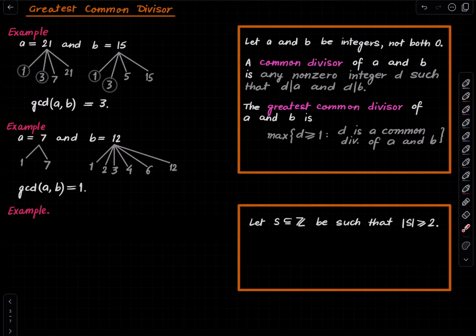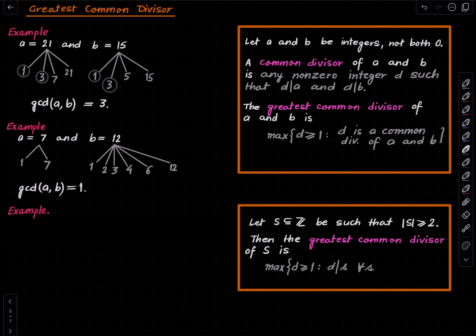And we can extend the definition of GCD to not necessarily 2 integers. We can take any subset of integers where the subset has at least size 2, and we define the GCD of S. The greatest common divisor of S is the max of all the positive integers which divide each element of S. It's a very simple extension of the previous definition.